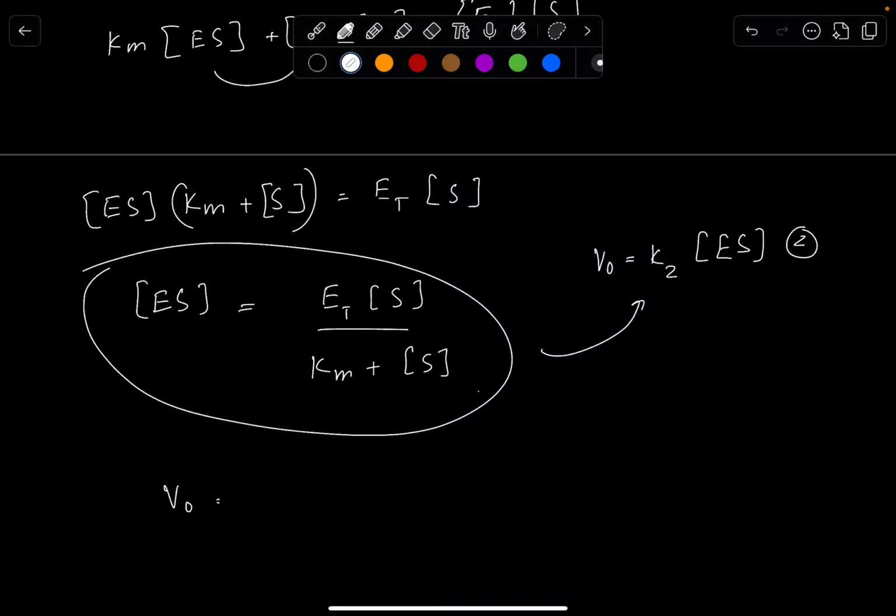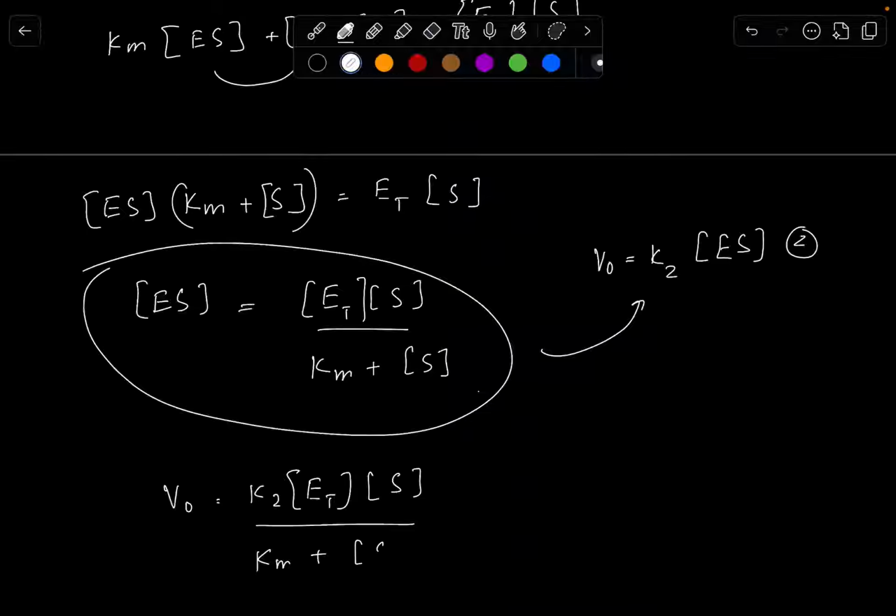So I'll plug this back in because I have an equation for E total, ES. So K2 equals ET S over Km plus S.